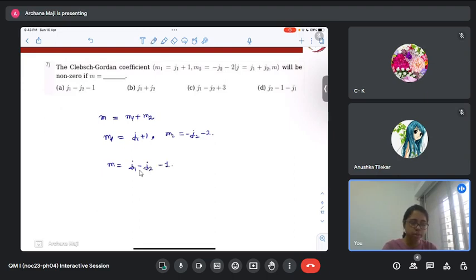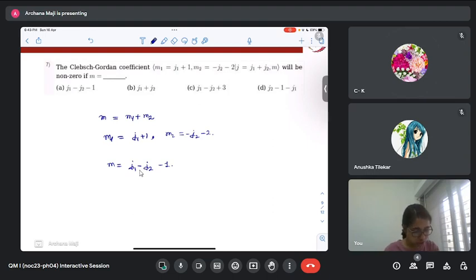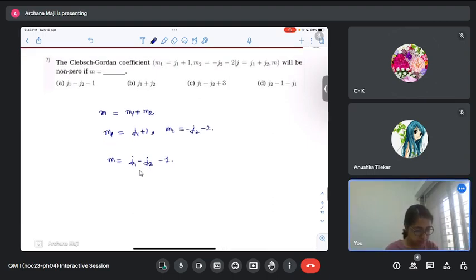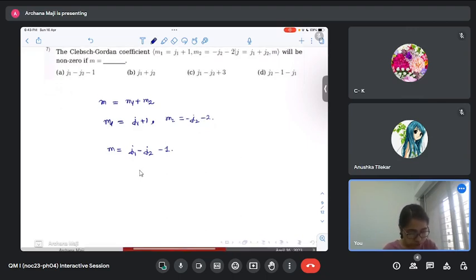First of all, you remember what the Clebsch-Gordan coefficient is, right? Or should I explain? Madam, can you explain a little bit? Okay. So there were two equivalent bases.